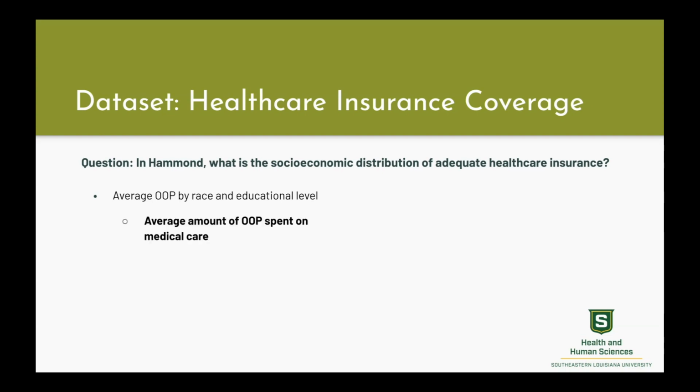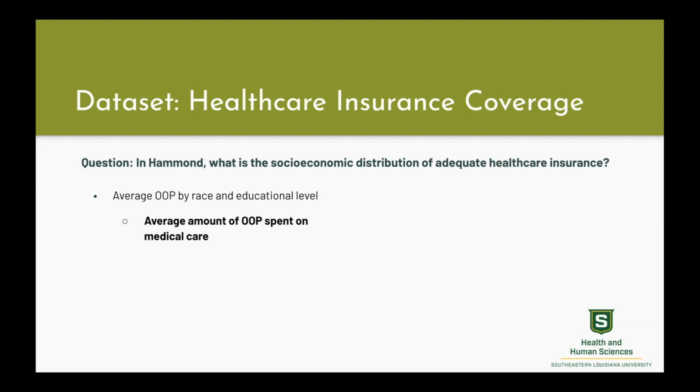My main variable of interest is the average amount of out of pocket payments paid on medical care. This is the thing that I'm interested in. I need the average of this variable. So it will look like an average of the average, but it's the average of the variable name.